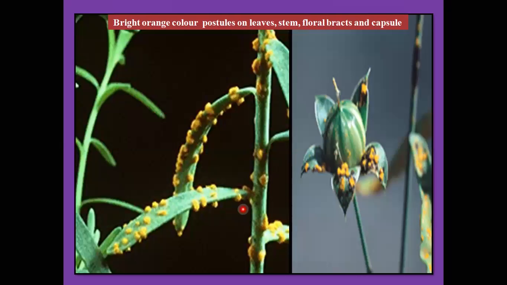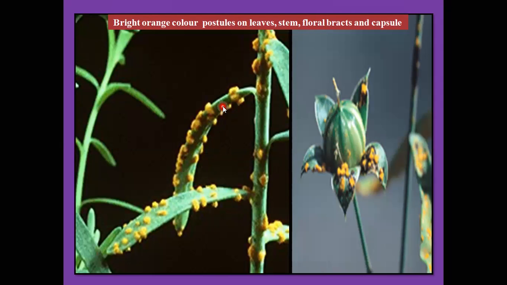Okay, so on the linseed plant, bright orange color pustules are seen on the leaf portion, stem portion, floral bracts portion, and also the capsules. Means all the aerial plant parts of the linseed develop the bright orange pustules.